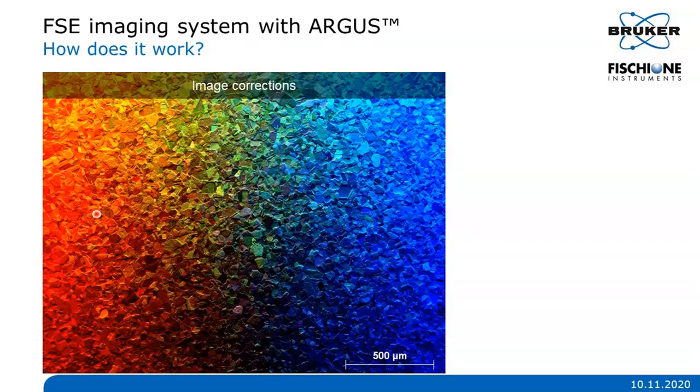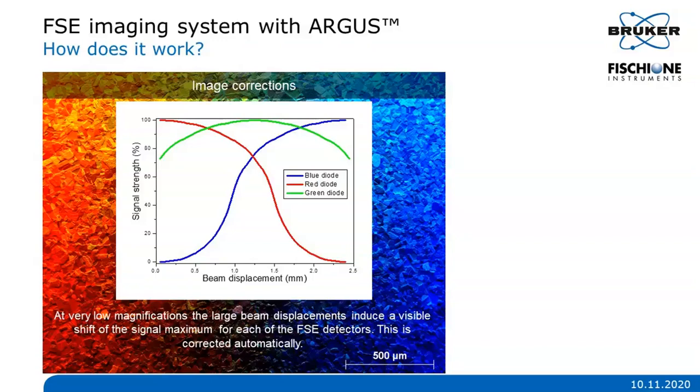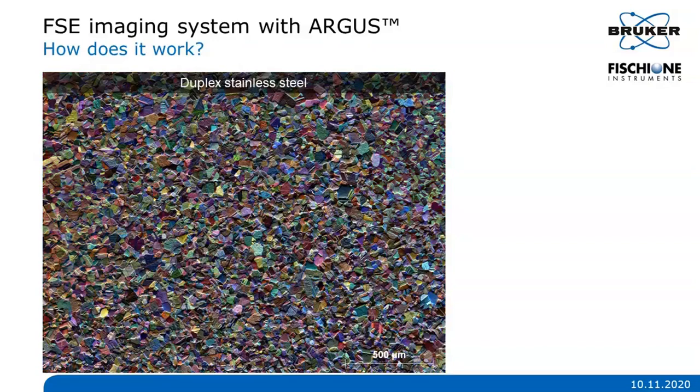Because this is the raw FSE image captured at low magnification. And at low magnification, the beam deflection is clearly noticeable on the FSE image. So you see different signal captured by the diodes, and this is automatically corrected by the Esprit software, resulting in such a stunning color-coded orientation image.